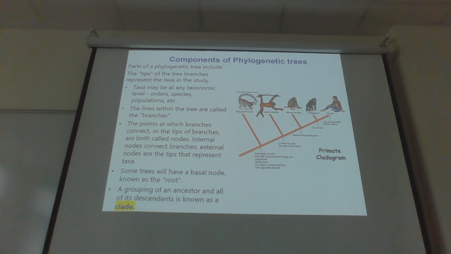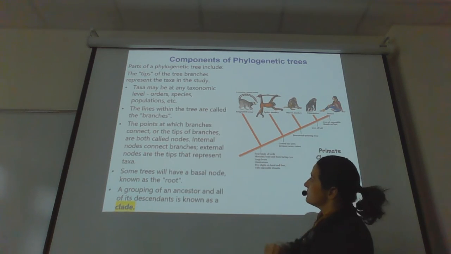So you can call them taxa, you can call them groups. And the taxa could be a species, could be a broader group, okay? Again, you decide what you want to highlight. Here there are species indicated, so the taxa, the species in this case, are at the tips, okay?